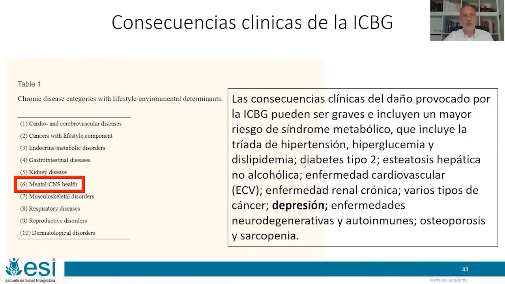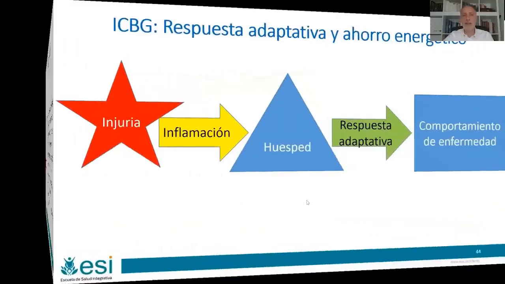Now we are also going to take a quick look at mental dysfunctions, as you can see here in the chart, such as depression, which could also be related to anxiety and stress.